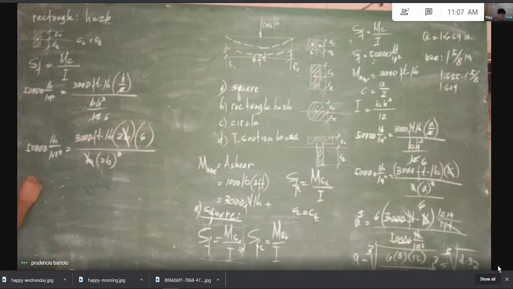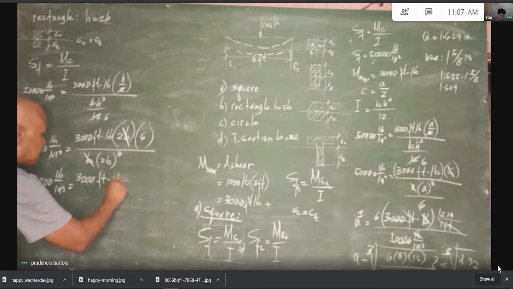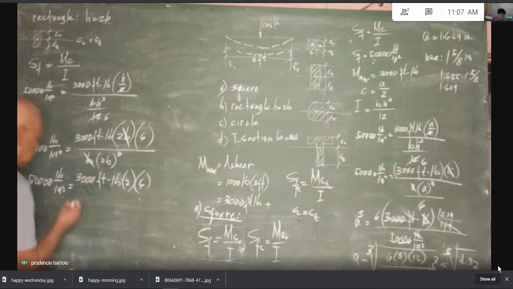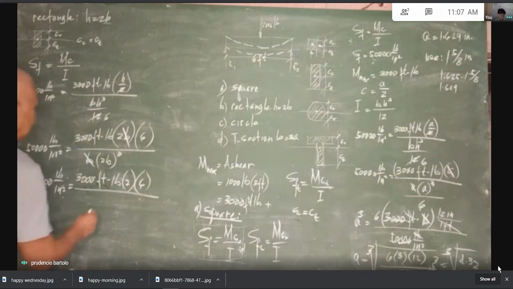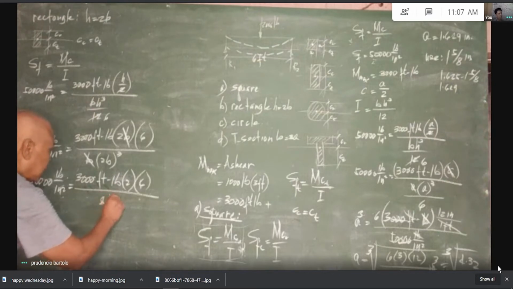So that is 50,000 pounds per inch squared equal to 3,000 foot-pounds multiplied by 2 multiplied by 6 all over that is 2B cubed.